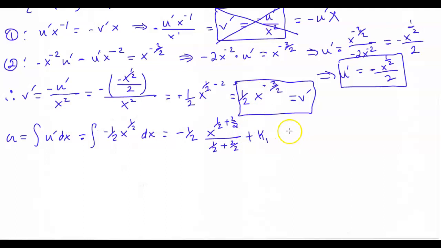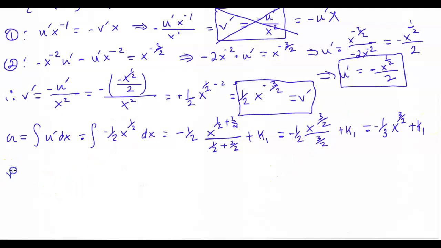And then go ahead and work this out. And here 1/2 divided by 3/2 is just going to give me 1/3. And that'll be x raised to the 3/2 plus K1.